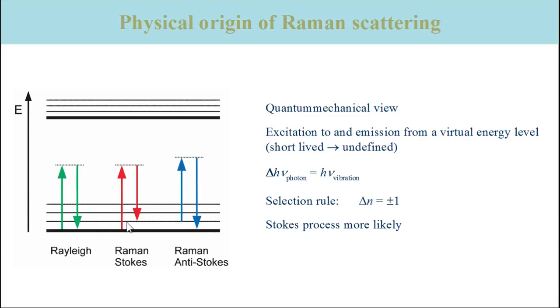Therefore, the difference in energy between the incident photon and the scattered photon matches that of a vibrational transition, h nu vib. As most of the oscillators are in the vibrational ground state at room temperature, the most relevant process for Stokes-Raman scattering is from the vibrational ground state to the first excited vibrational state.